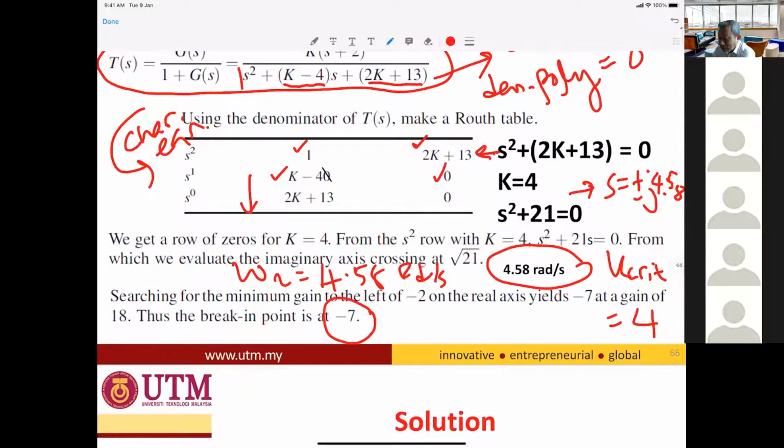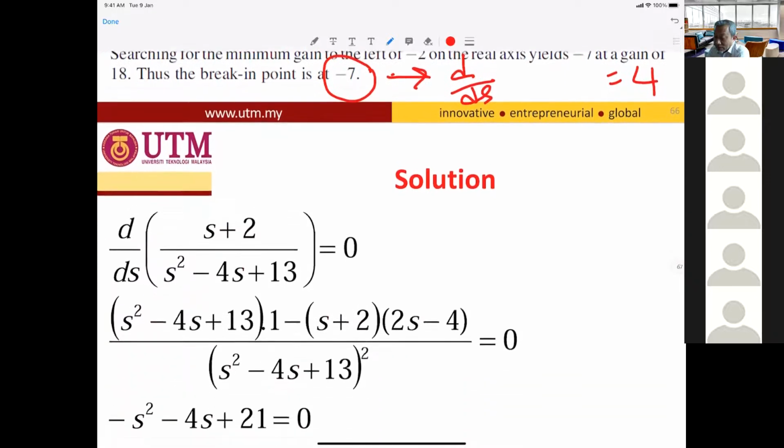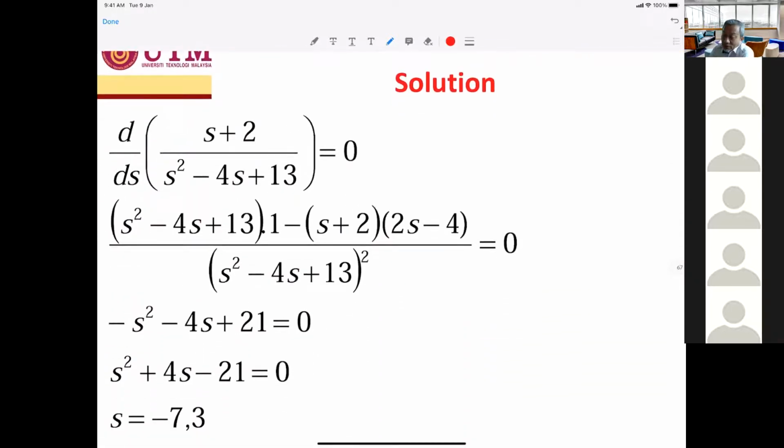Minus 7. You can also calculate the break-in point by using dK/ds to verify the value of minus 7. This is the open loop transfer function, equal to u divided by v.